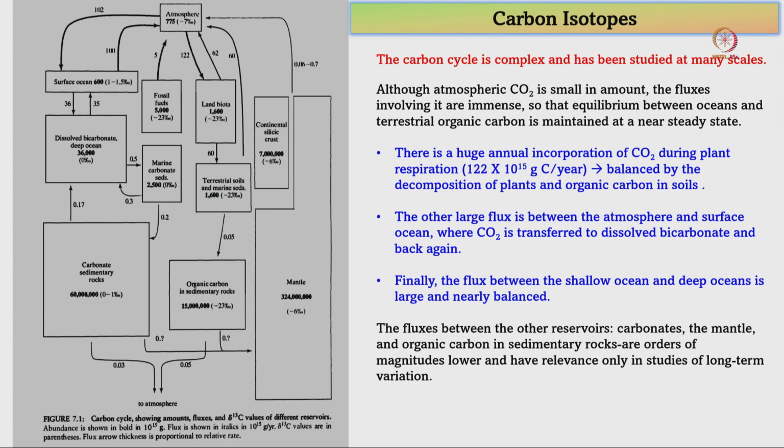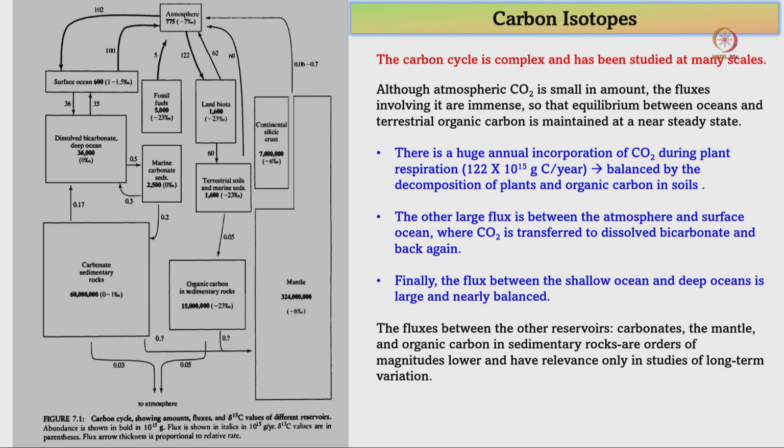The new plants that are forming are again going to take up that carbon, and the plant will again pick up carbon dioxide from the atmosphere and move it back into the biomass. So, there is a huge terrestrial cycle of carbon dioxide between the plants, the soil and the atmosphere. Okay. So, that is a huge flux.